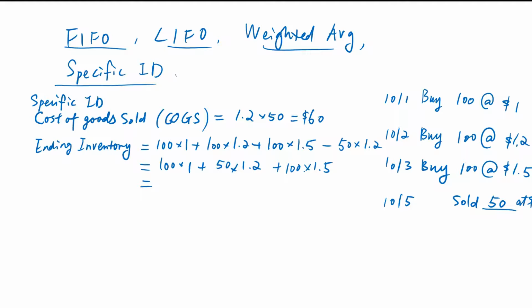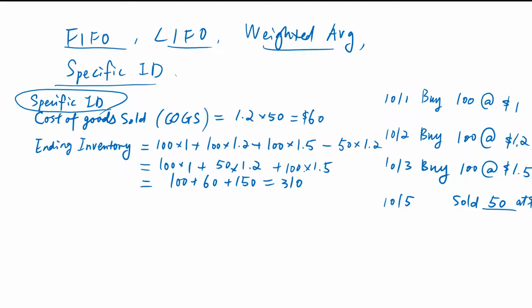So it would be 100 plus 60 plus 150. So what's left is worth $310 of apples. Okay, so that's the specific identification method.